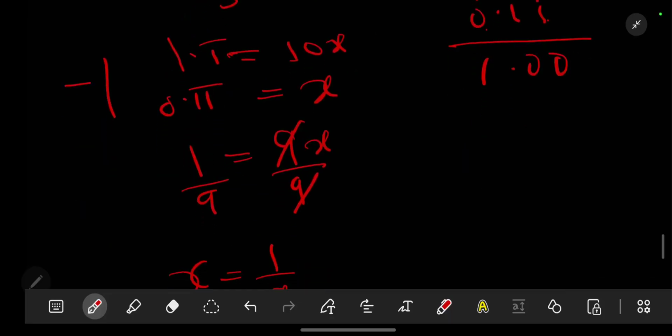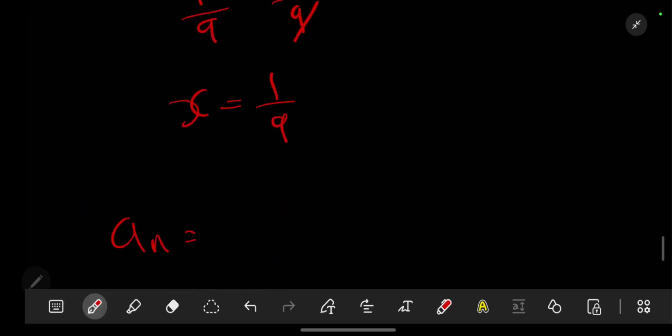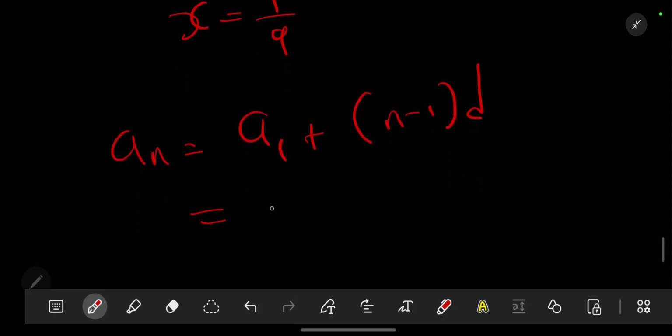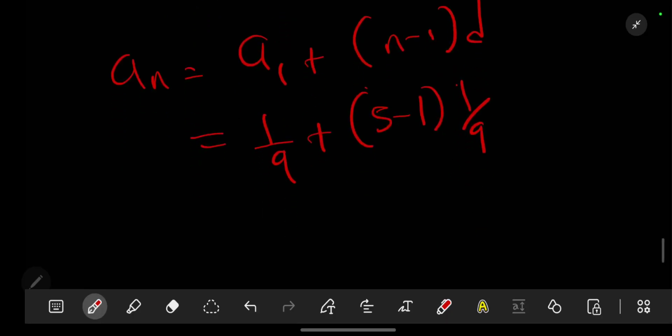So taking the formula, an is equal to a1 plus n minus 1 times the d. What is our a1? a1 is 1 over 9 plus the fifth term, 5 minus 1 times the d, which is our 1 over 9. This is going to give us 1 over 9 plus 5 minus 1, that will be 4 over 9.